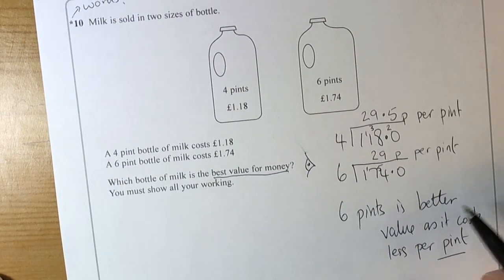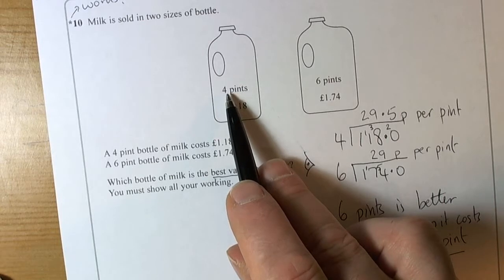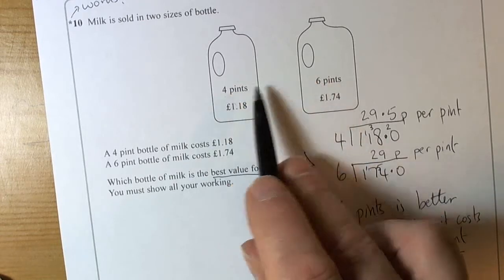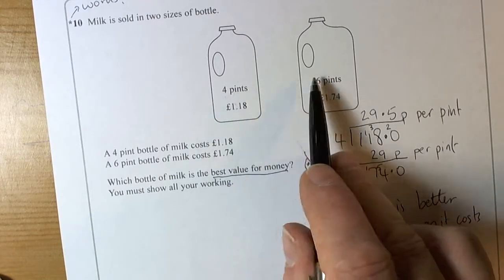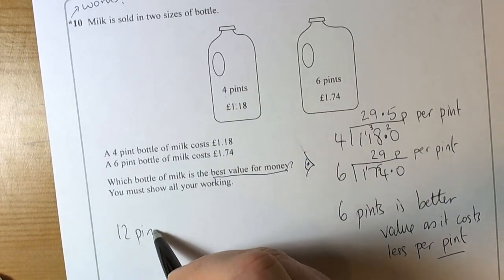Just as a side point, because some of you might like this idea of doing equivalence. So we can recognise the lowest common multiple of 4 and 6 is 12. So I could work out 12 pints for each.